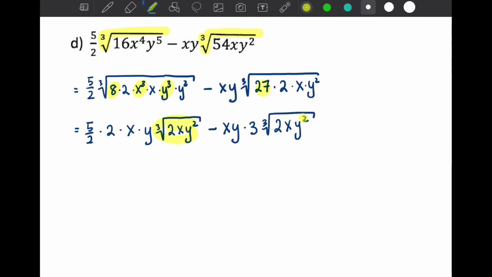So we have the radical portion here, and it looks like these two terms are like radicals. So I can just add the coefficients together.